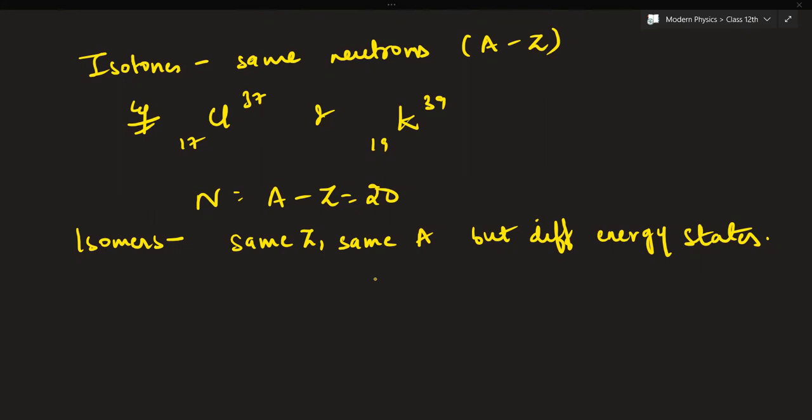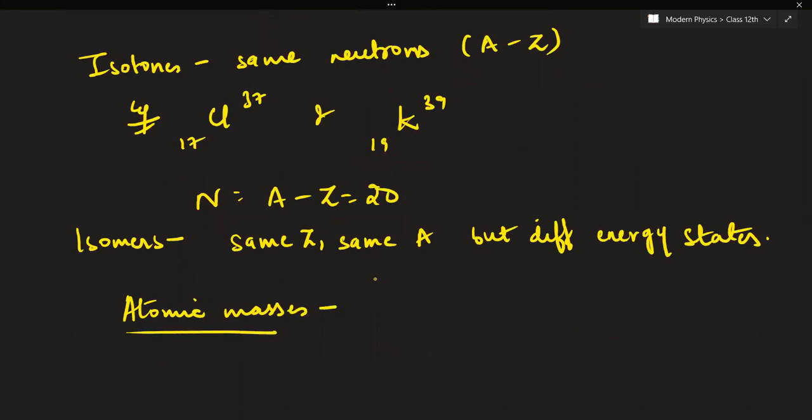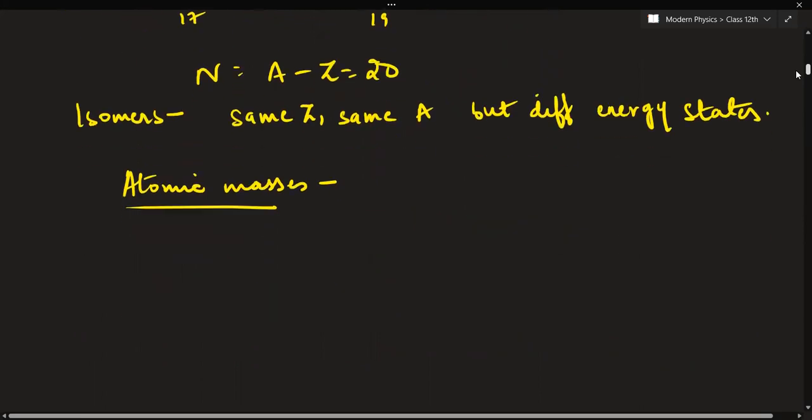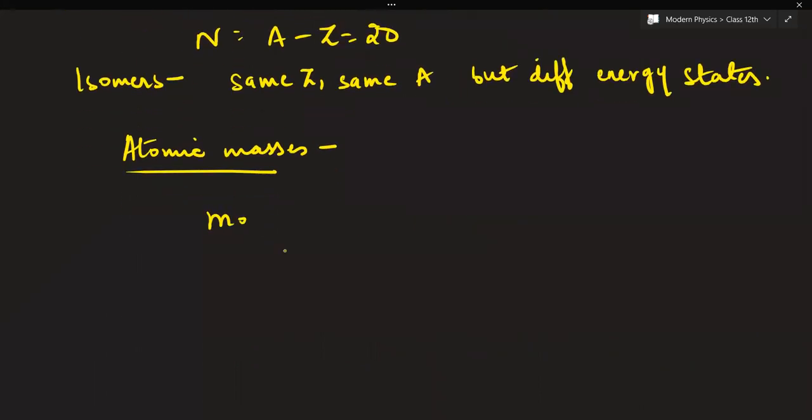Just remember certain atomic masses. Since binding energy has been added to your syllabus, these will now be used. Last year this wasn't used anywhere, but now it will be. Remember the mass of the electron. Class, this is very boring data, you have to rote learn it. Mass of electron is 0.00055 AMU.